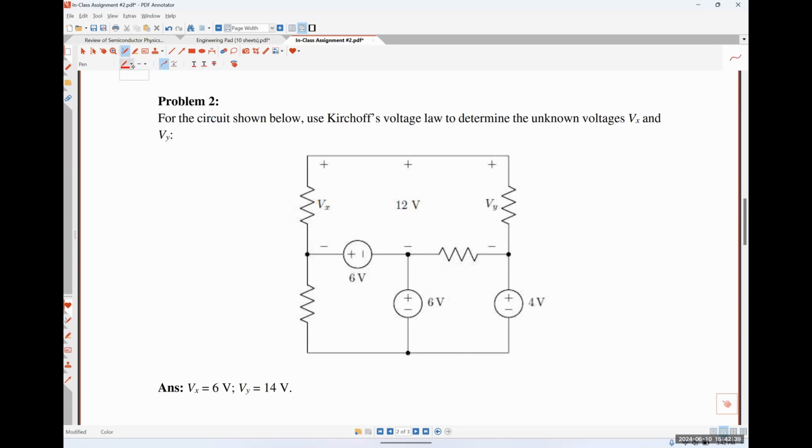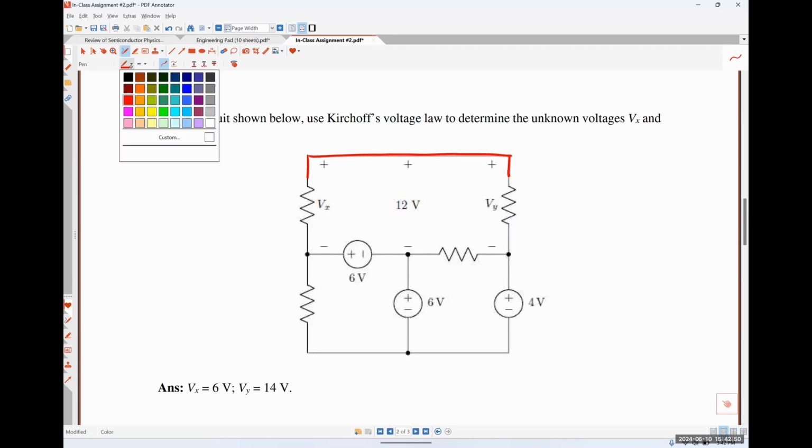If I identify my nodes, I have this node up here on the top that I've just done in red. And then I have this node here in the middle that I've just done in green. There is a 12 volt difference in electric potential between the red node and the green node. That's all that 12 volt thing means there.